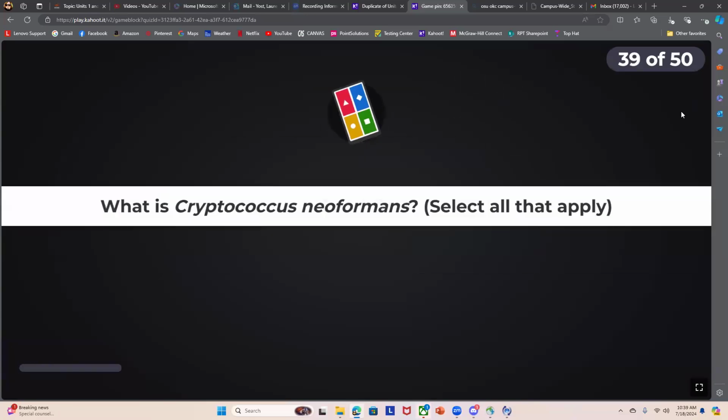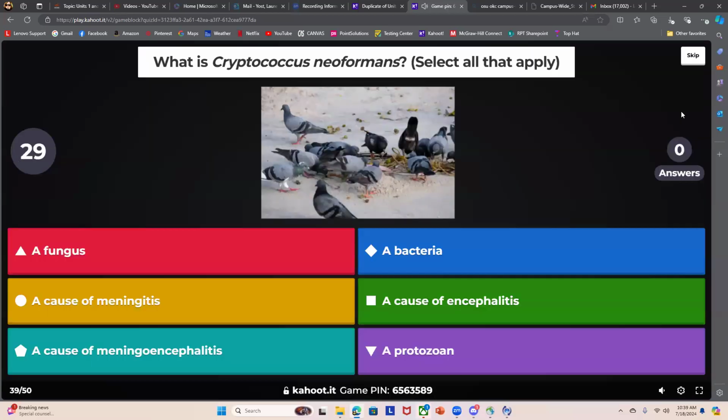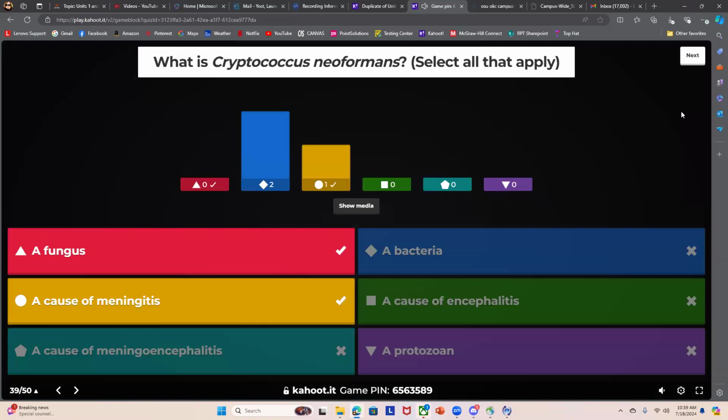All right, multi-select again. So what is Cryptococcus neoformans? All right, stretching the understanding basically of what is causing what and what they're called and everything.